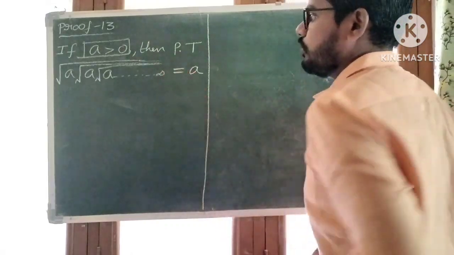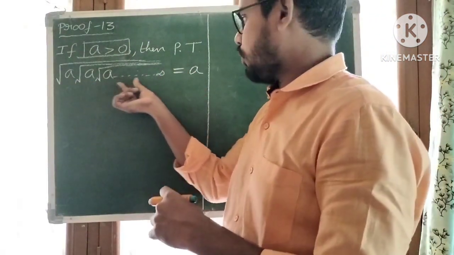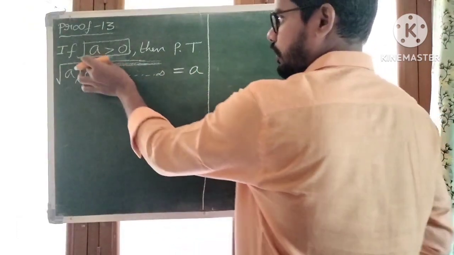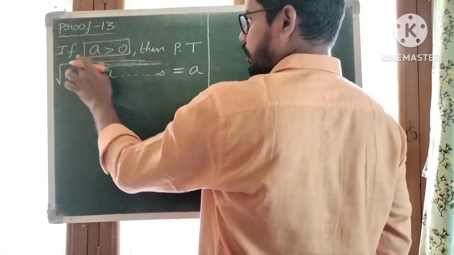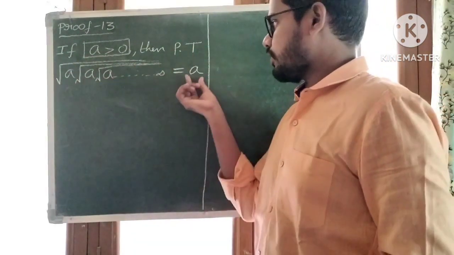So the square root of a, square root of a, square root of a, and so on infinite times is equal to a. Here remember, a is greater than 0. So we have to prove this value is equal to this a.